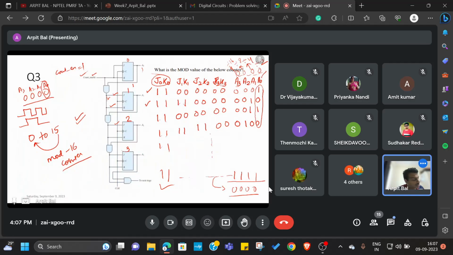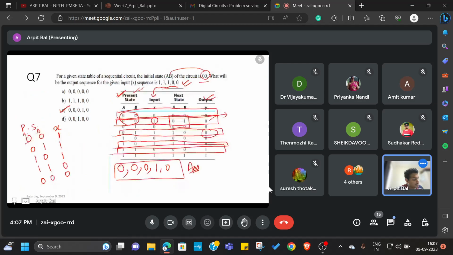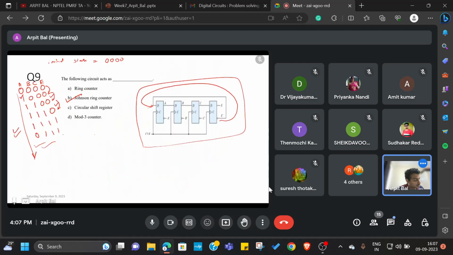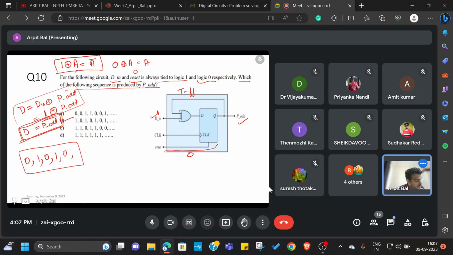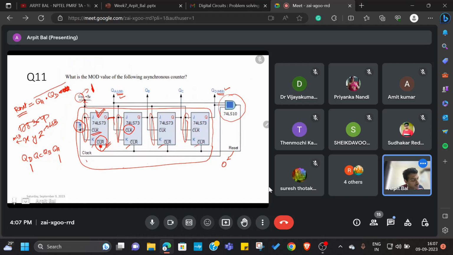Here you can observe that it is toggling at each clock edge and the next after 2 clock edges. The same thing follows here, and here. So this is basically an up counter.